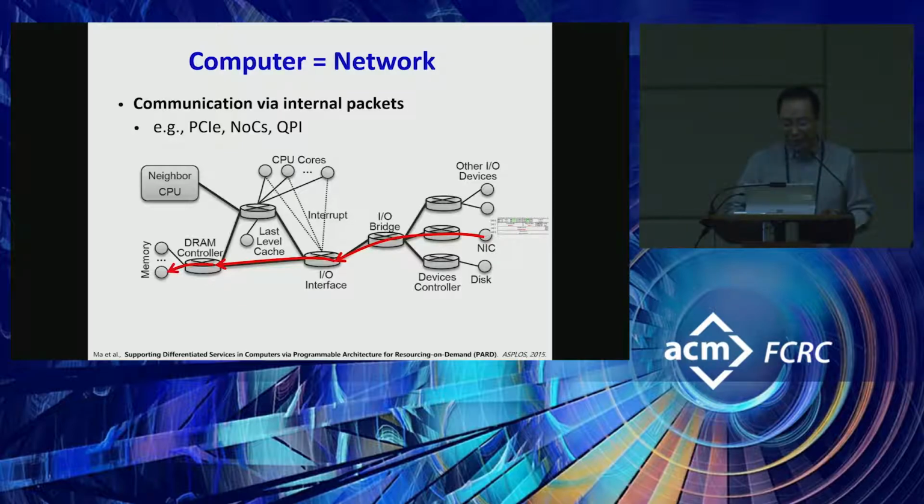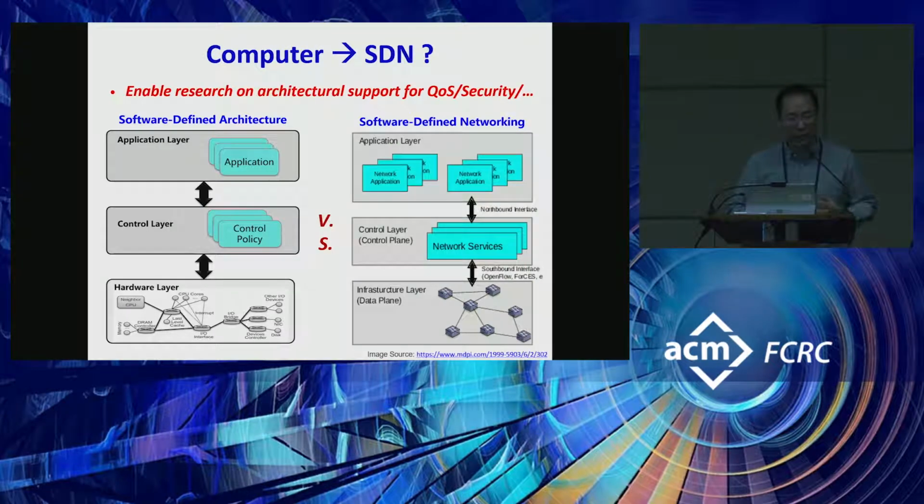Based on this idea, we asked: can we build the computer as software-defined networking? Since from the hardware level it's just like a network, we can add a control layer to allow customized policies based on different applications.